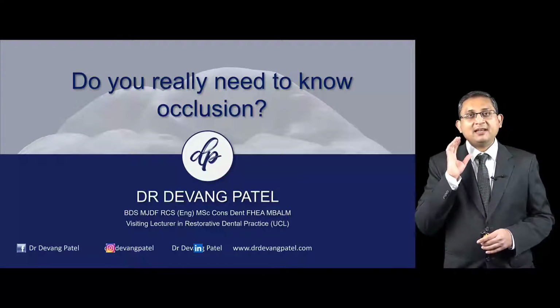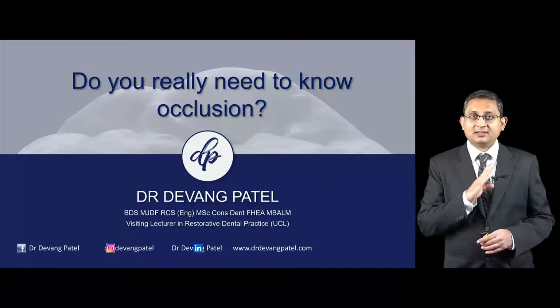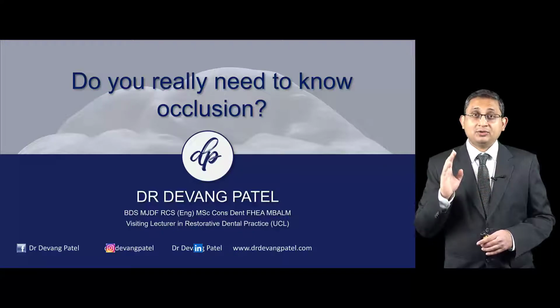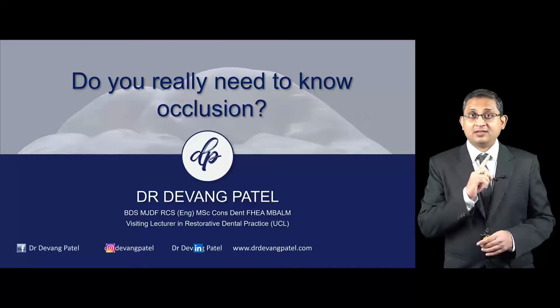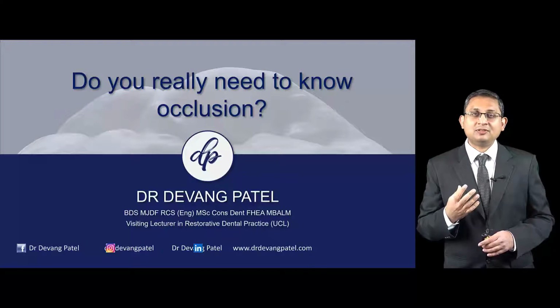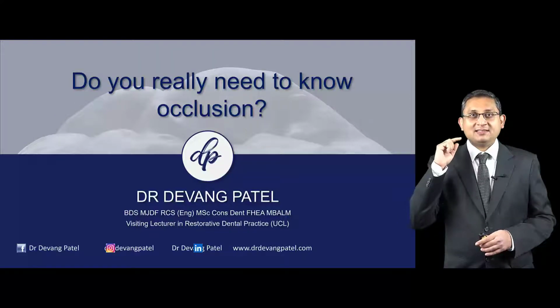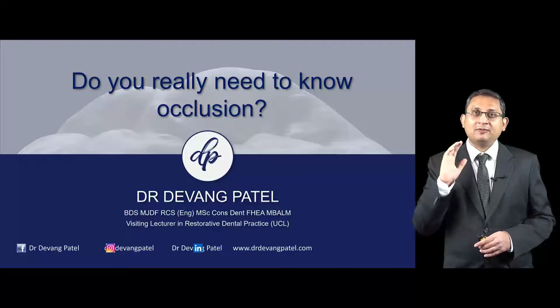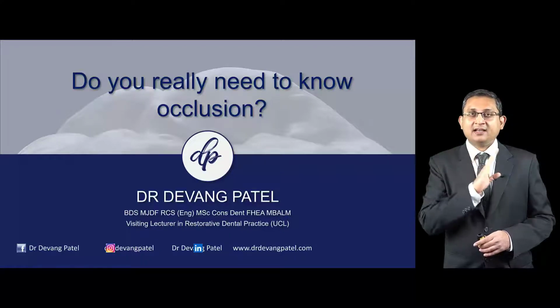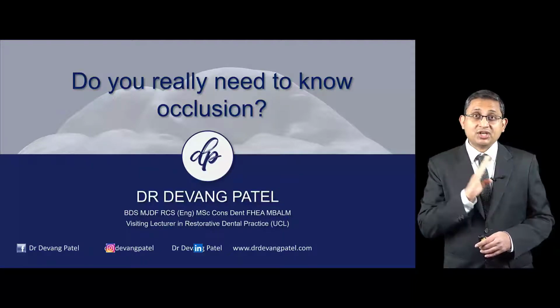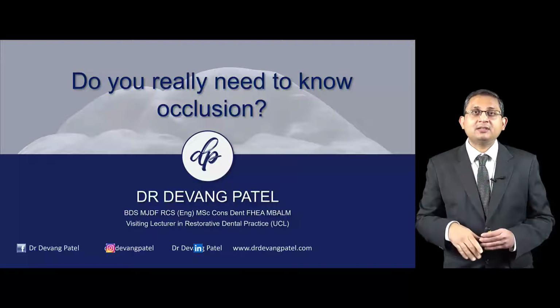Again, when you're preparing the tooth, you need to use excursive movements to make sure your reduction is enough when the patient is going left and right, because most of the time we are good at checking static relationships. So we will ask the patient to close their mouth and see if we've reduced enough tooth, but we forget to check in excursive movement. So make sure you check the patient's excursive movement.